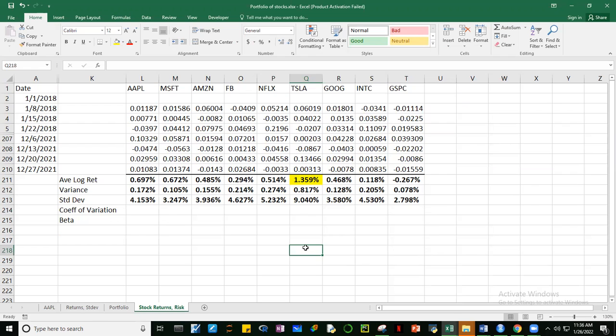Anyone? Best performing stock in terms of risk.